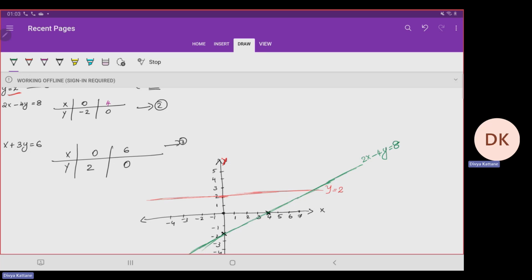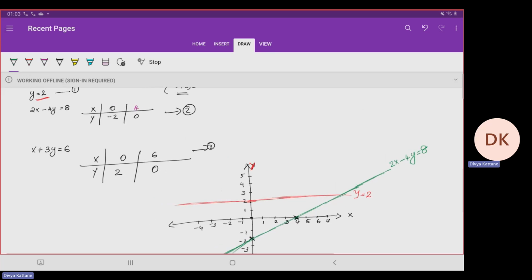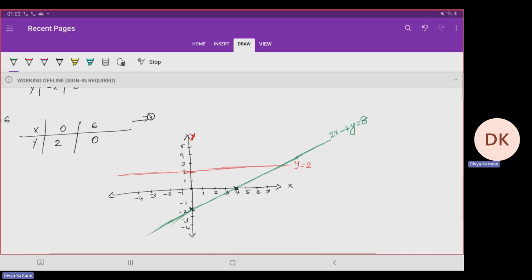Now you need one more line, which is x plus 3y equal to 6. So which are the points? x = 0, y = 2, and x = 6, y = 0.